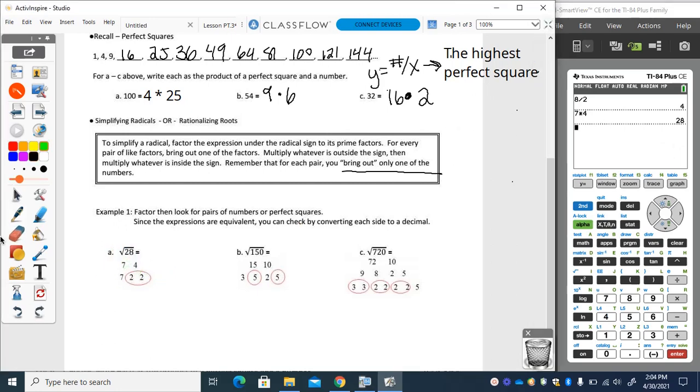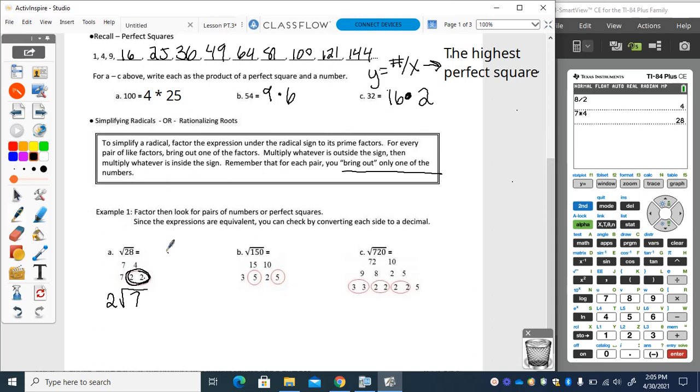And then can we simplify either of those numbers? Yeah, we can simplify 4. How? 2 times 2. So that's how we got it. So now we're at 7 times 2 times 2. What we're going to do is circle a pair. What's the only thing we have paired? Just those 2. So we'll have 2 times the square root of whatever was left over. 7. So 2 times the square root of 7.